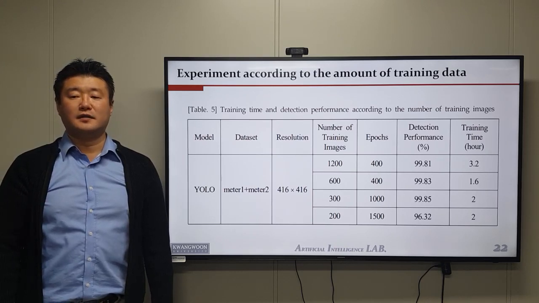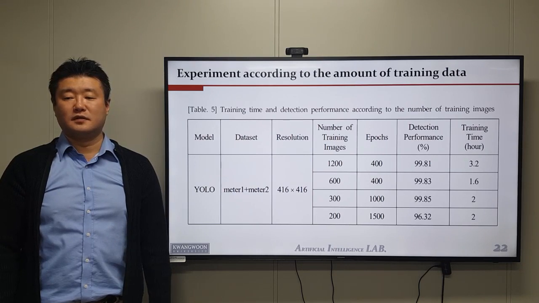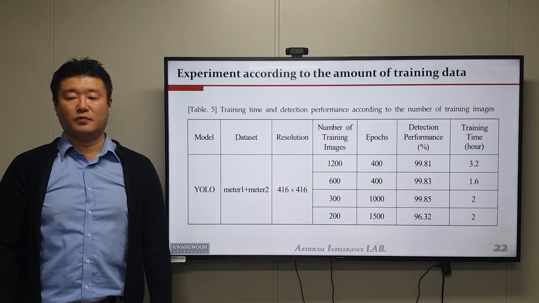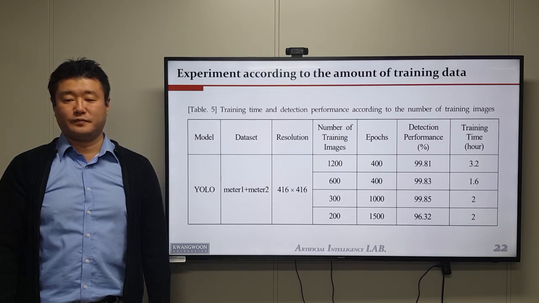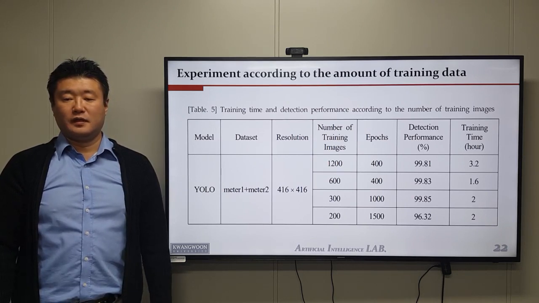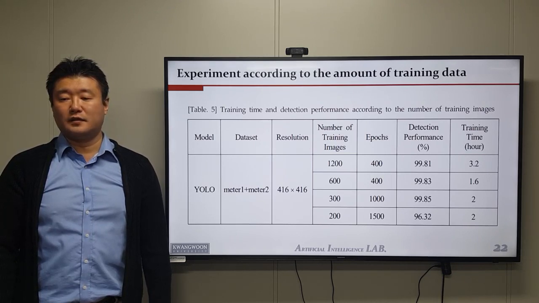And the model that trained 1000 epochs with 300 images showed 99.85% detection performance. Its training time is 24 minutes longer than the model trained with 600 images.